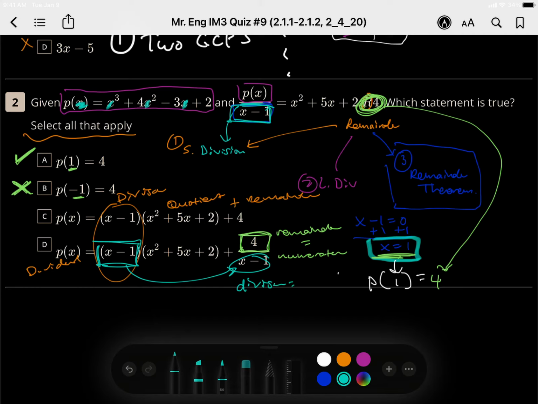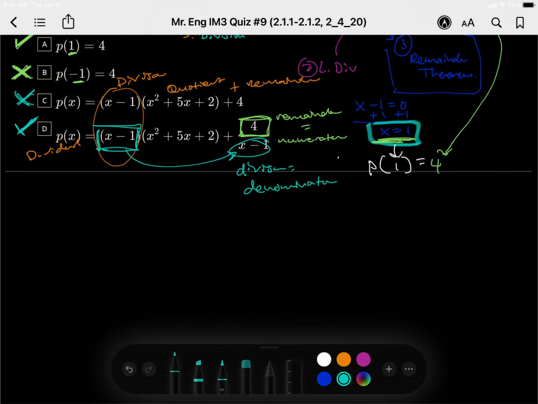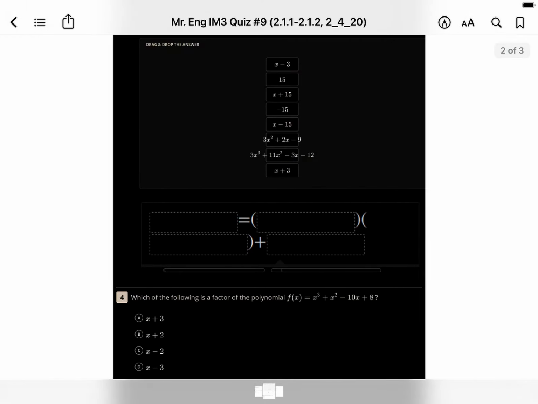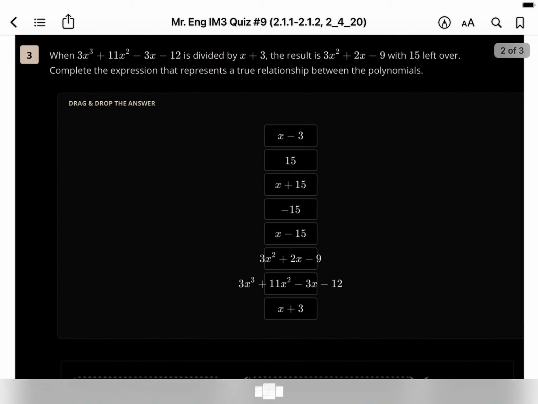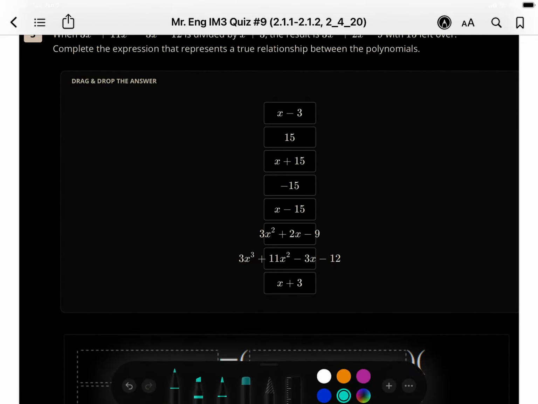Divisor is equal to the denominator. Okay, that's why C is wrong and D is correct. So in this one, you would have to get 2 of those. Okay, let's go on to the next one, which is basically the same thing we were talking about.